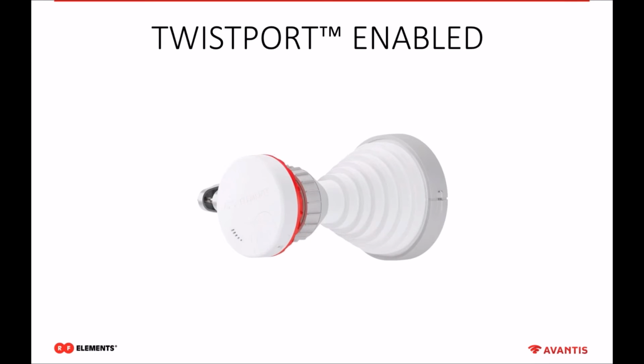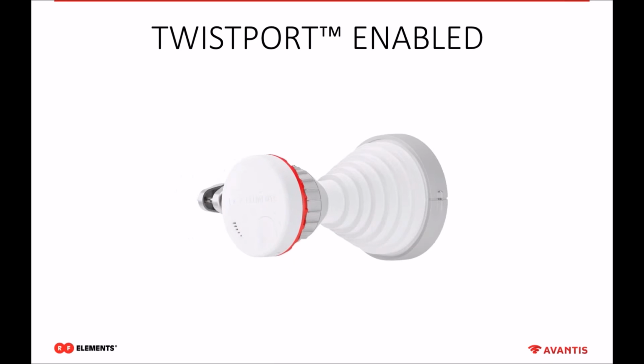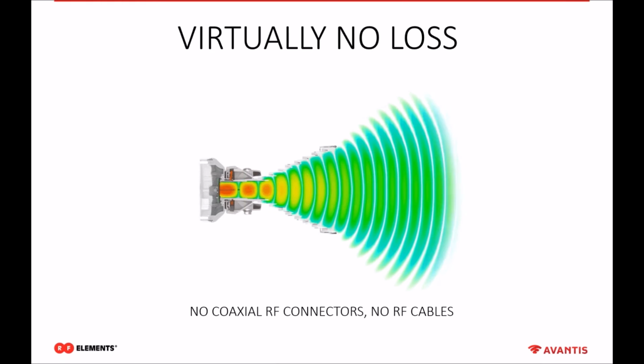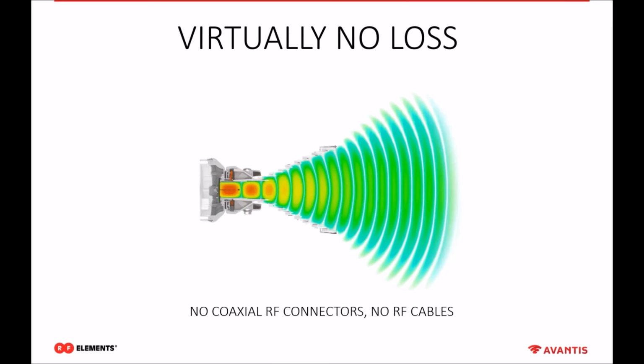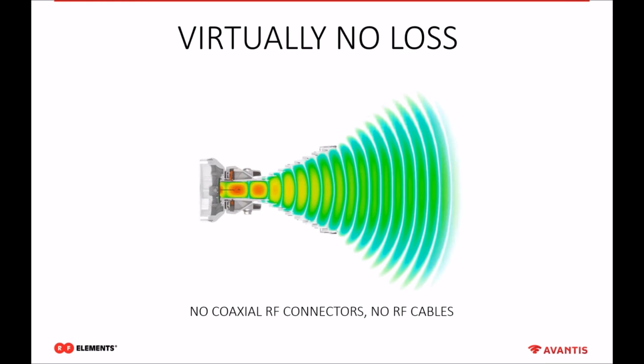The reason this is possible is that the twist port is our quick locking, patent-pending waveguide port. So there are no cables or RF connectors. We also call this twist port virtually no loss.